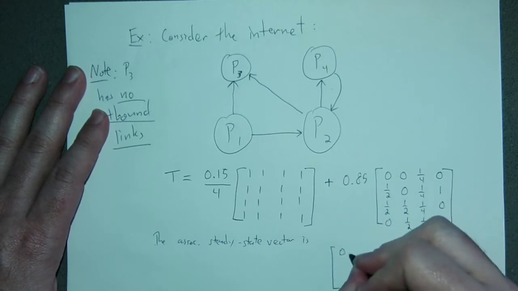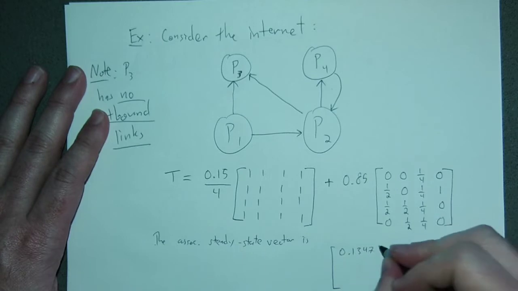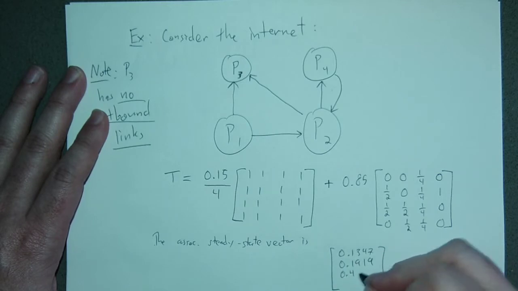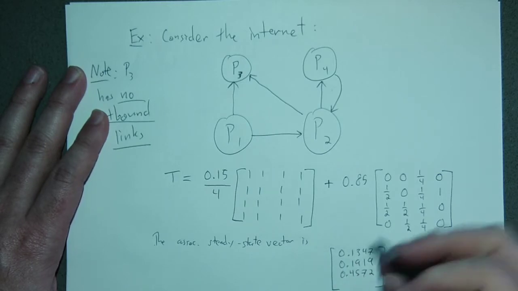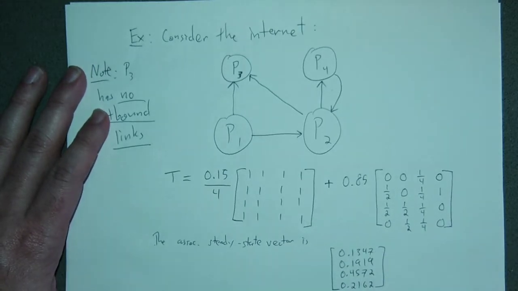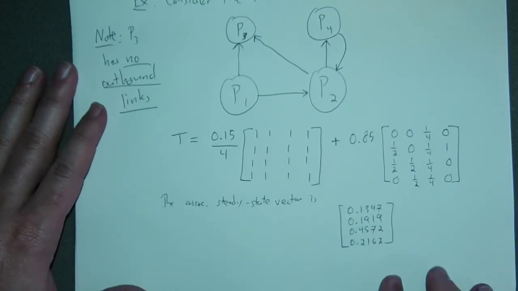So from the notes, this is 0.1347, 0.1919, 0.4572, and 0.2162.